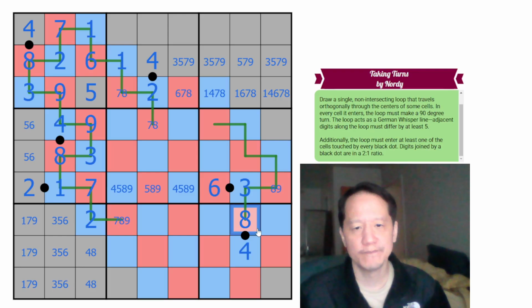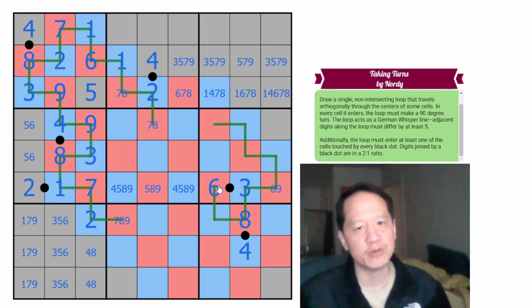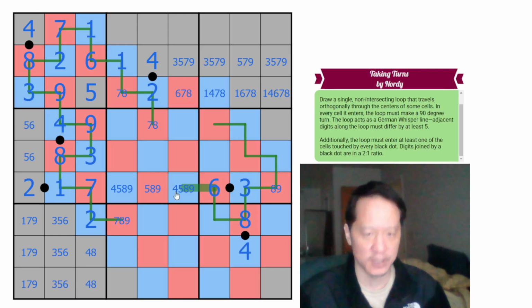Let's see. This cannot go this way anymore, because if it tried to go this way, this would be 4, which would be next to 2 unique numbers on a German whisper line, which is not allowed. So this specifically has to go that way, which means it has to turn. It could turn that way, but if it turns that way, then it would have to turn here, and the 6 is not allowed next to a 4 on a German whisper line.